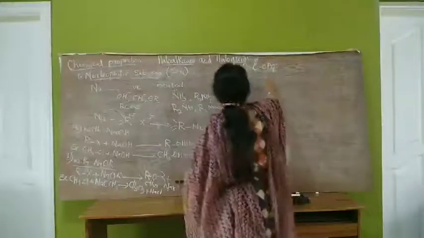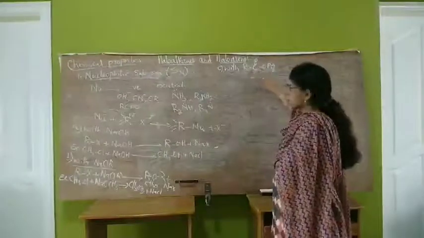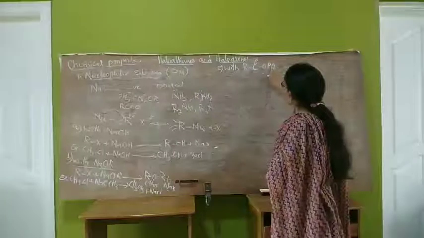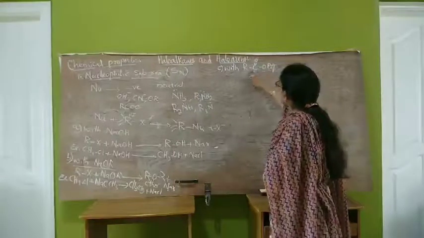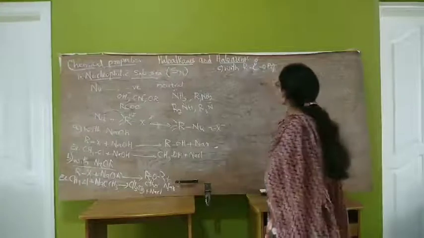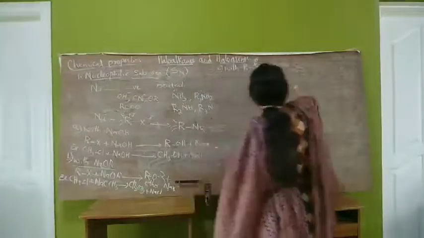Carboxylic acid is RCOOH. One H of carboxylic acid is replaced by Ag. It is RCOOAg, the silver salt of carboxylic acid.